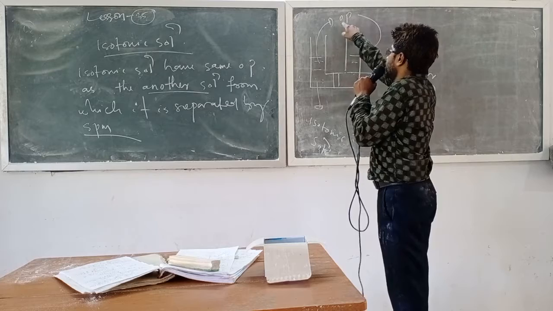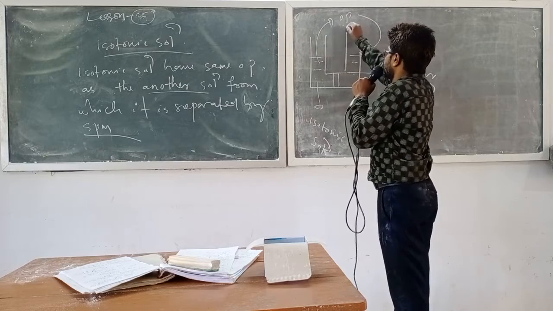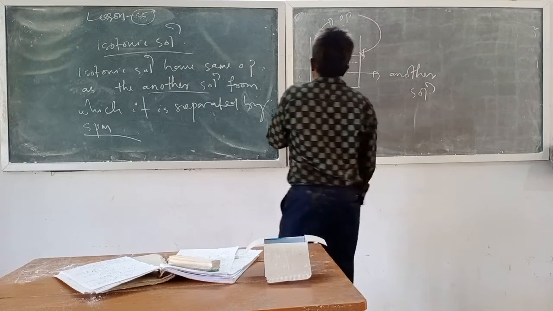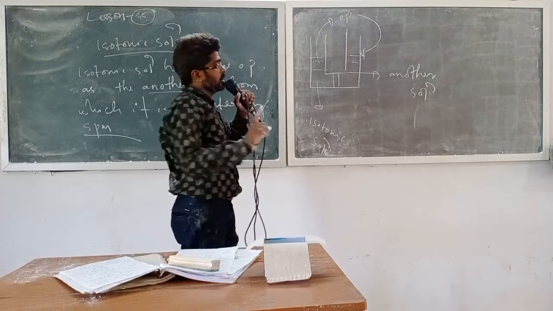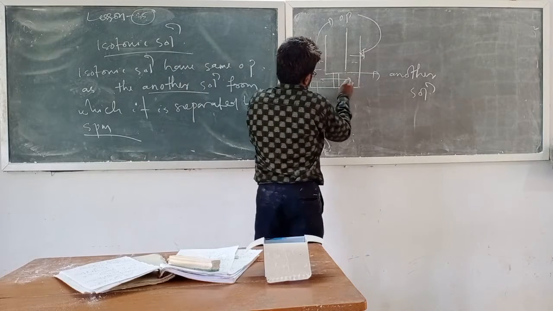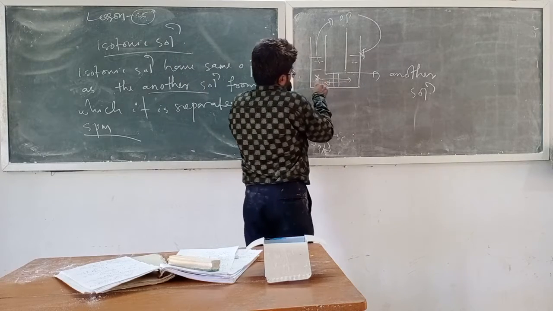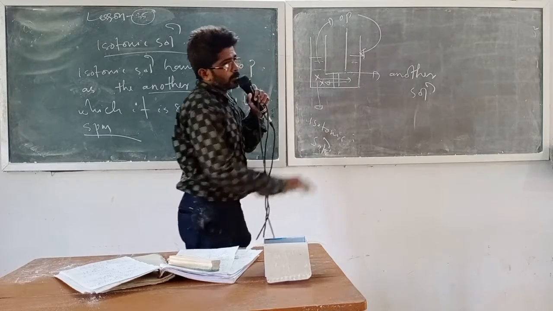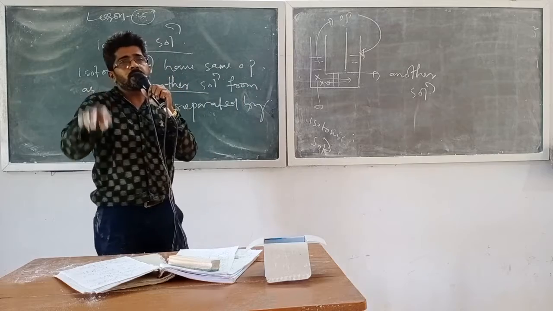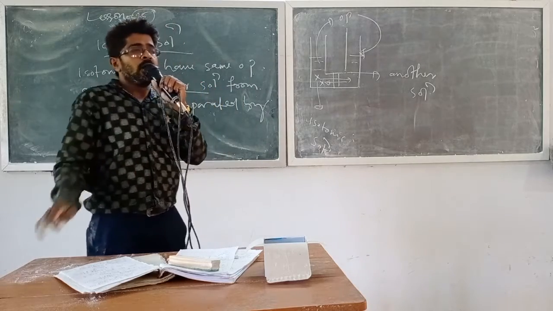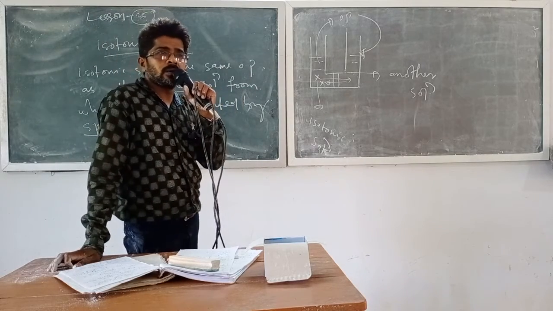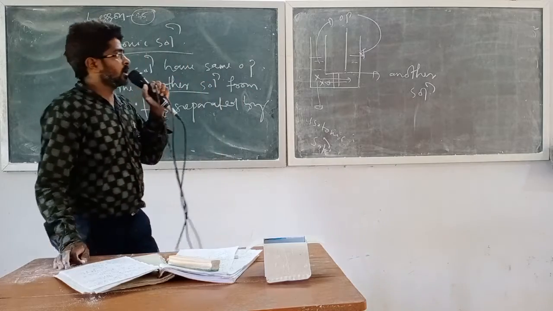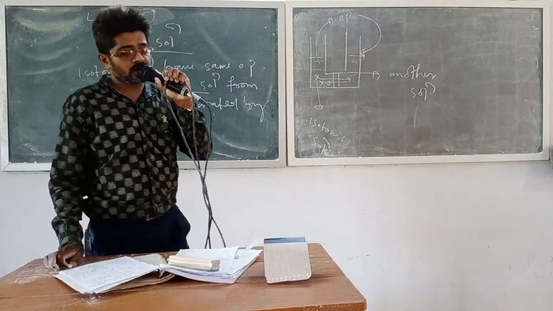Both solutions have the same osmotic pressure, so water will never move from this side to this side, or from this side to this side. So nothing will happen if a cell is put into the isotonic solution. The cell will never swell or shrink. Okay, this is all about isotonic solutions.